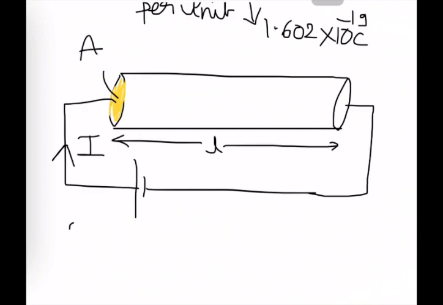N is nothing but the number of electrons present in unit volume.